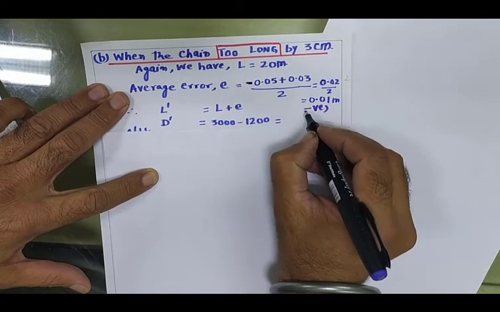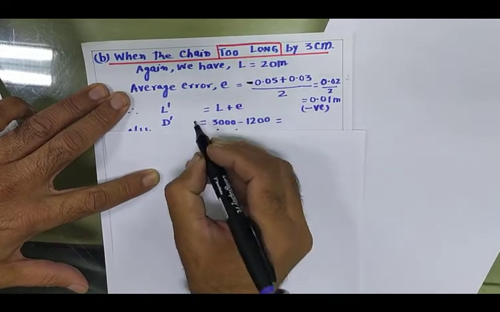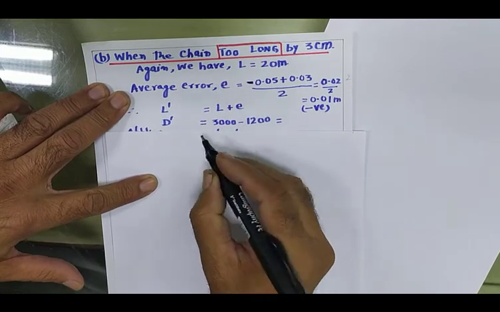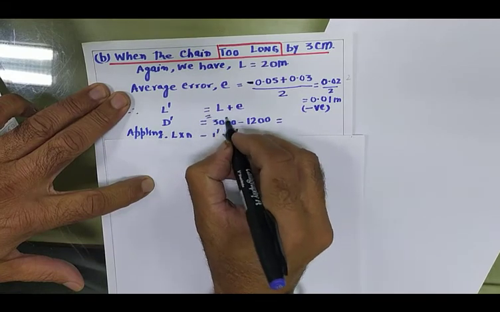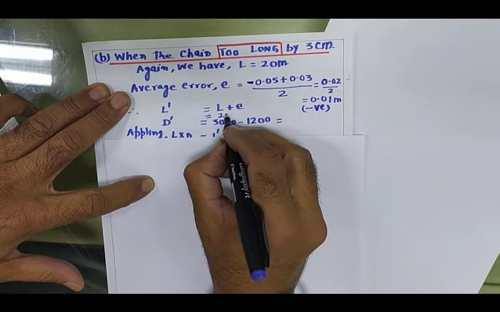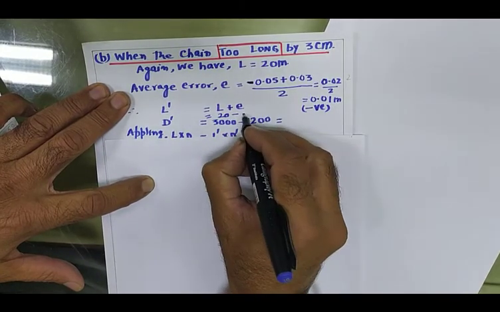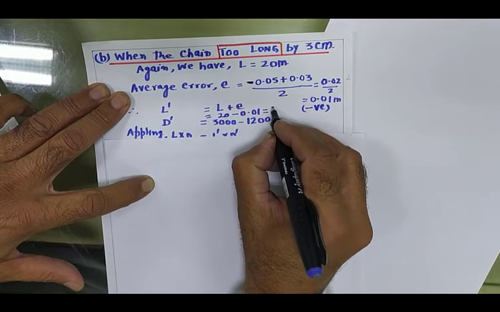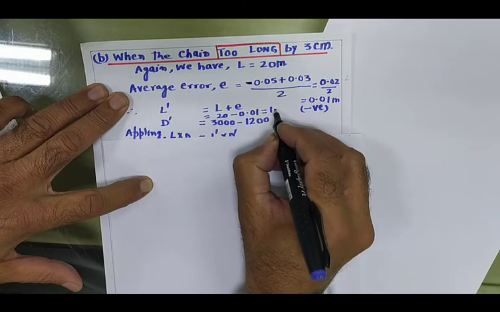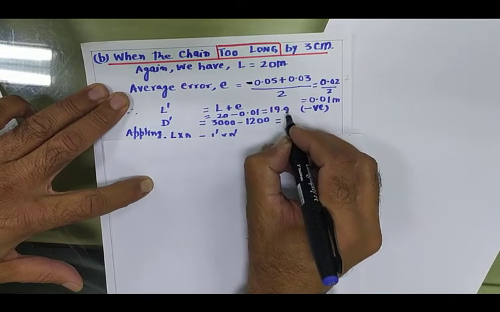This is the main important thing you will keep in mind. After substituting this value, L dash comes to be 20 meter minus 0.01, which comes to be 19.99 meter.